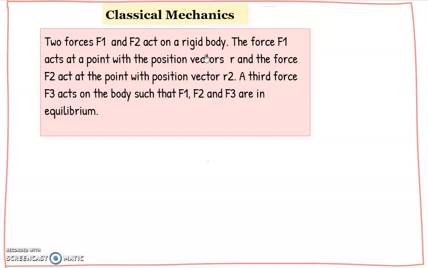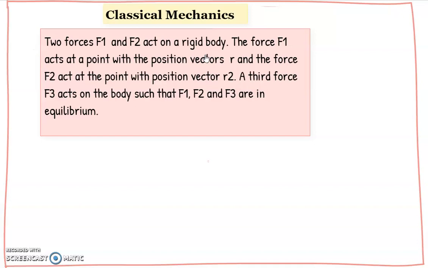So a rigid body is usually considered as a continuous distribution of mass, and that takes us to what Newton's laws of motion tell us. We have three laws: the first law, the second law, and the third law. But this question takes our mind back to the first law. And what does the first law of motion say?